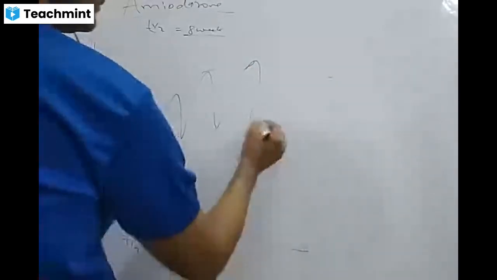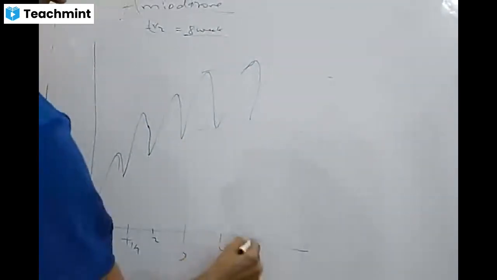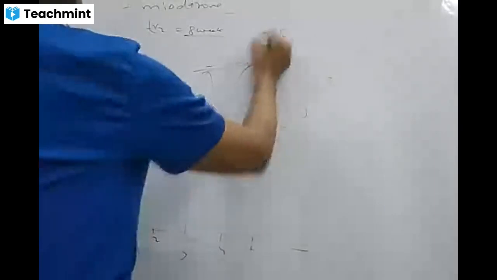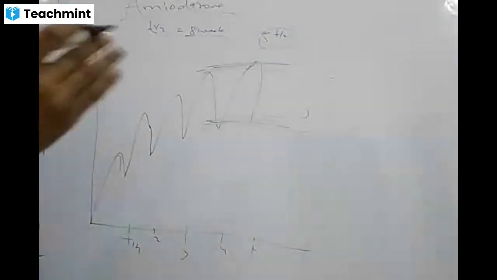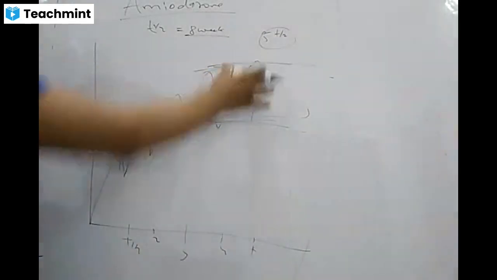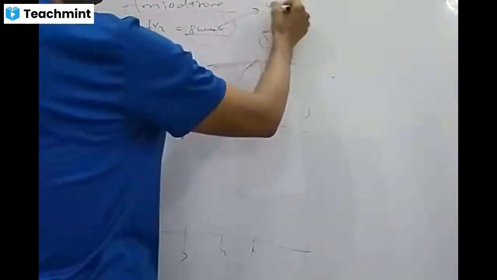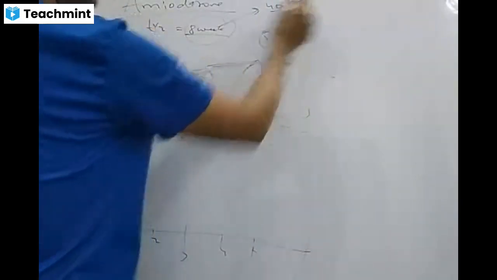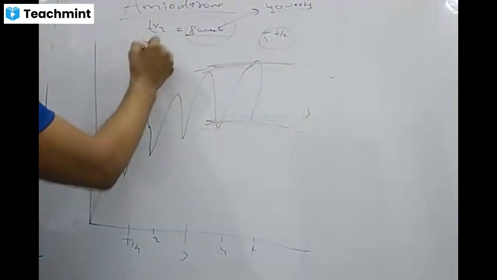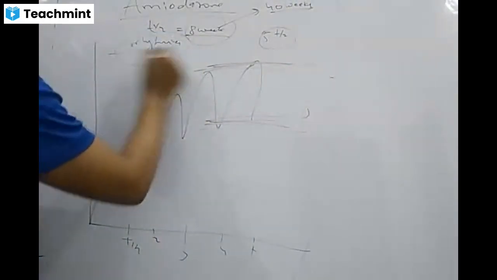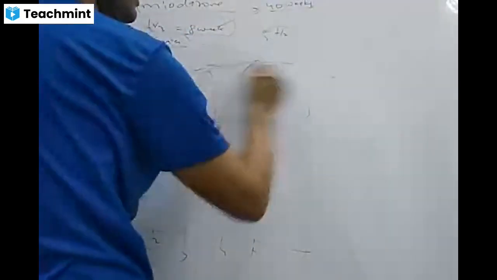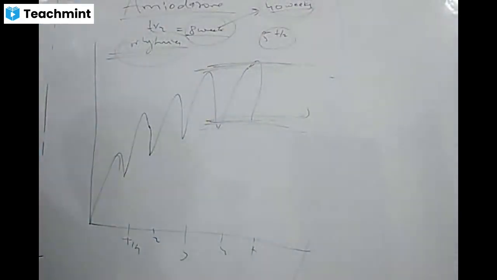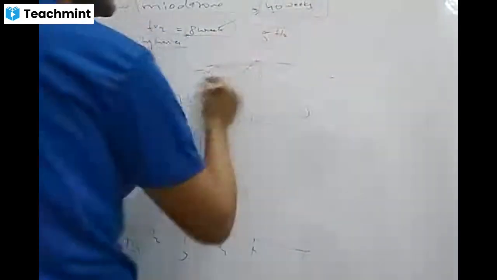In 5 half-lives it will become stable, meaning it will reach the steady state. But these 5 half-lives will take 40 weeks, and the patient is suffering from arrhythmias. We cannot wait 40 weeks to achieve the steady state. In 40 weeks the patient will die.